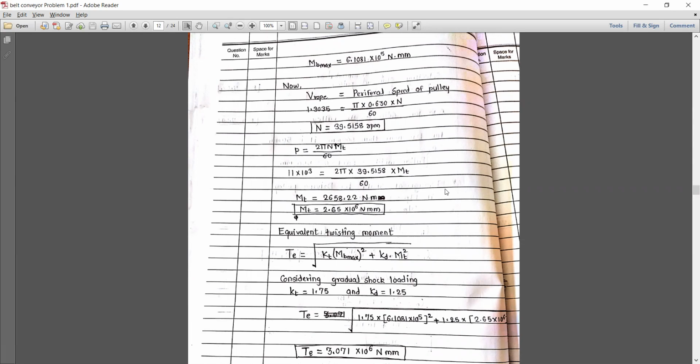Here the diameter we have considered is 0.630. So N, which is calculated, is 39.51 rpm. Now we have a value of N, we have a value of P. Now calculate the value of MT, the torsional moment. P is equal to 2 pi N MT divided by 60. Putting all the values, MT is equal to 2658.22 Newton meter.